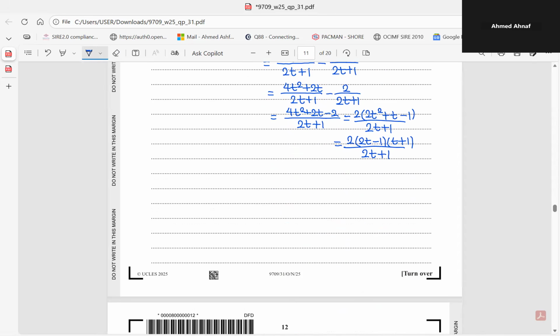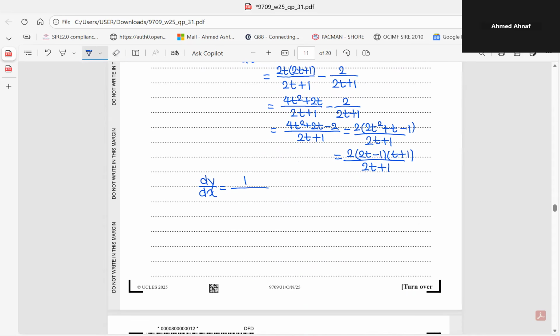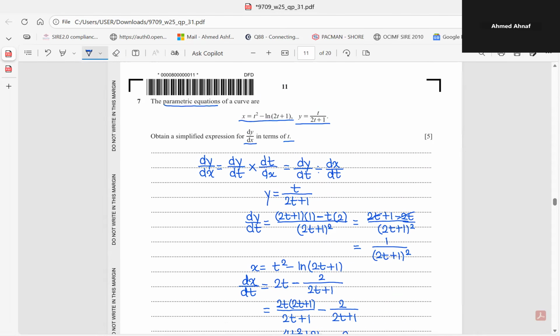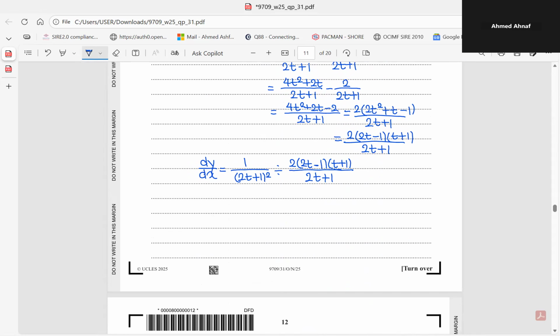Now we're ready to find dy/dx. So you will take your dy/dt first. So 1 over (2t plus 1) squared divided by dx/dt. So divide by 2 times (2t minus 1) times (t plus 1) over 2t plus 1. And you do your keep change flip.